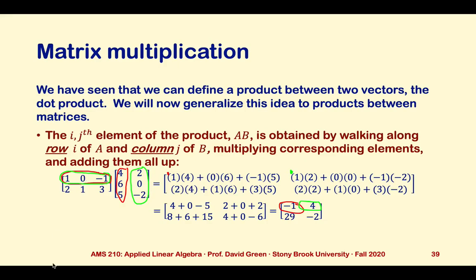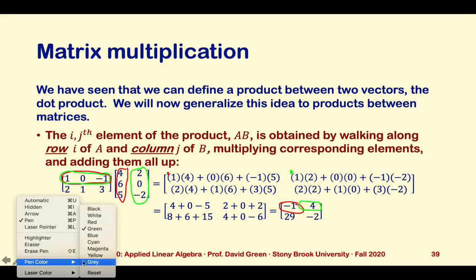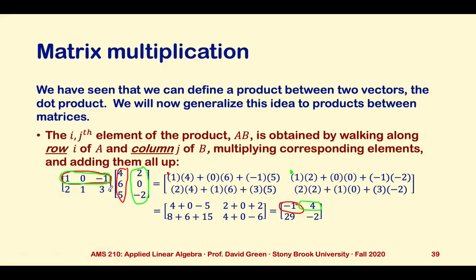We then continue this starting with the second row of A. Second row of A, first column of B gives us entry 2,1 of the product, so second row, first column in the product. 2 times 4 plus 1 times 6 plus 3 times 5, which is 8 plus 6 plus 15, or 29 for that entry.